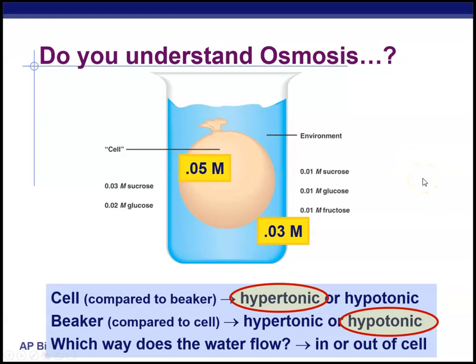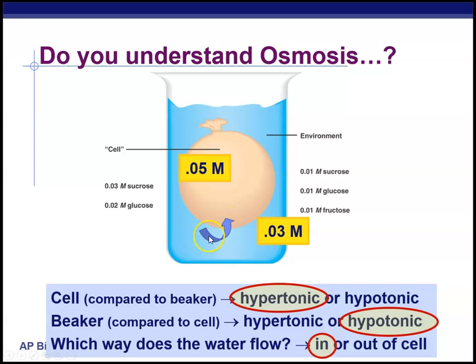So which way is the water going to flow? If you need to pause the video to think that out, do that now. Otherwise, I'm going to tell you. Water is going to go in. Why is that? Remember, water moves from where there's more water to less water. So water is going to move from outside here, where it's hypotonic, to the inside, where it's hypertonic and there's more solutes.